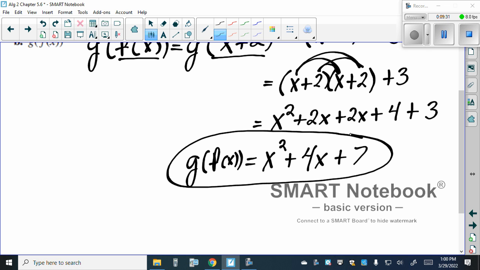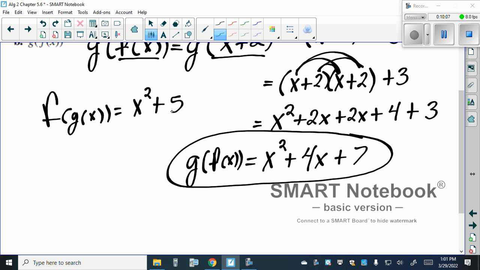Questions on this here? Questions on any of this so far? Is this the same as f of g of x for these two functions? For these two functions, were f of g of x and g of f of x the same thing? No, because these are two separate functions.